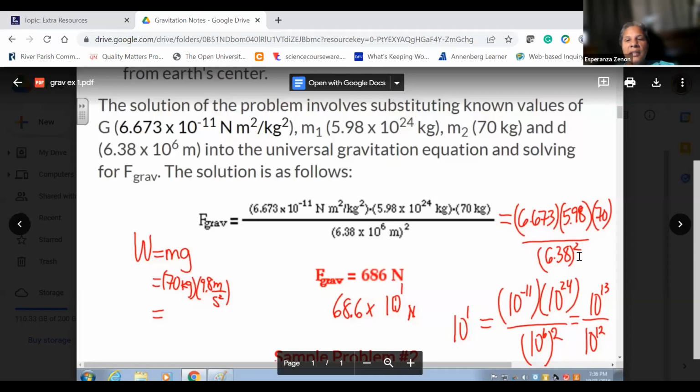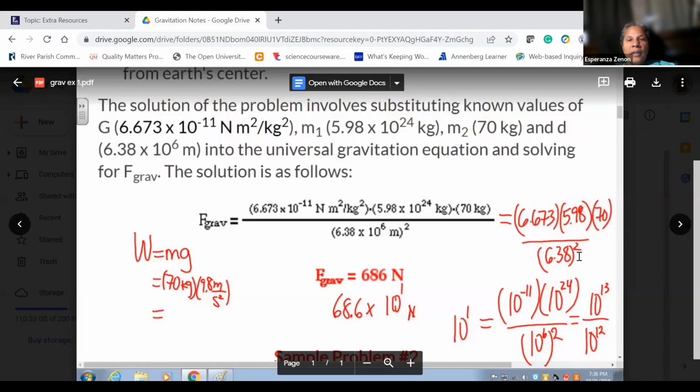So that becomes 10 to the 13 minus 12, or 10 to the 1. So from my numbers, I have 68.6. From my exponent, I have 10 to the 1. When I multiply 68.6 times 10, because that's 10 to the 1 is 10, I get 686.